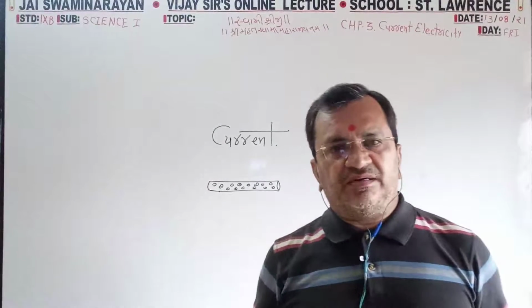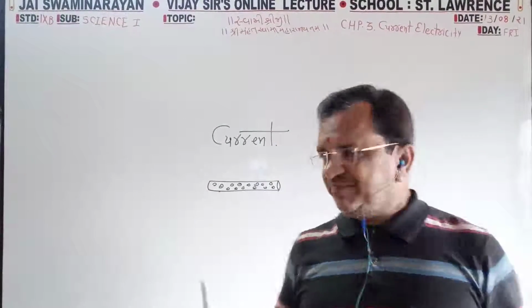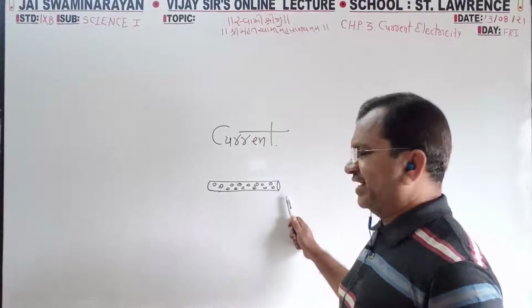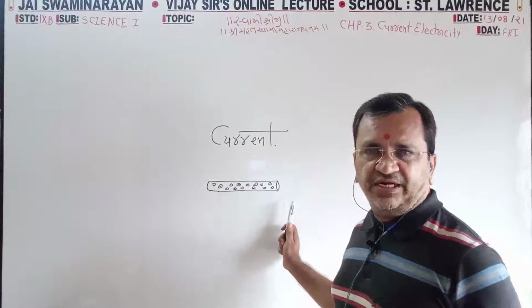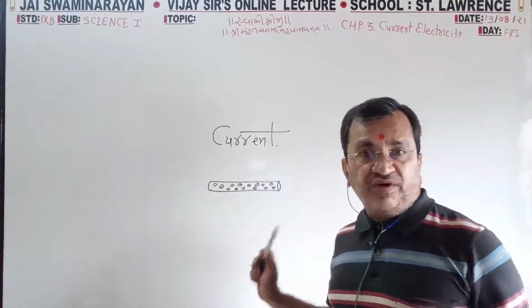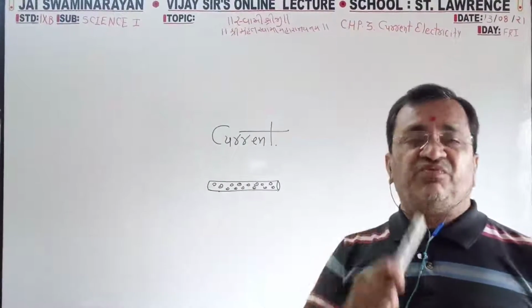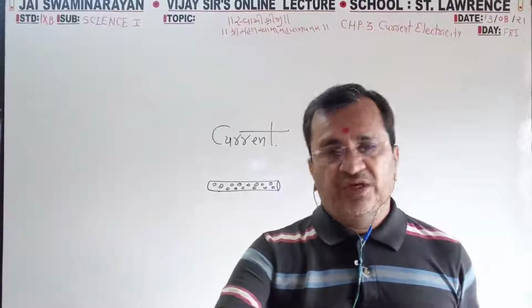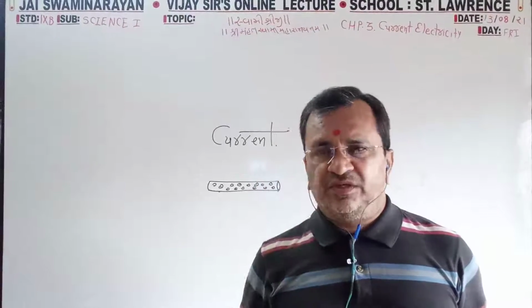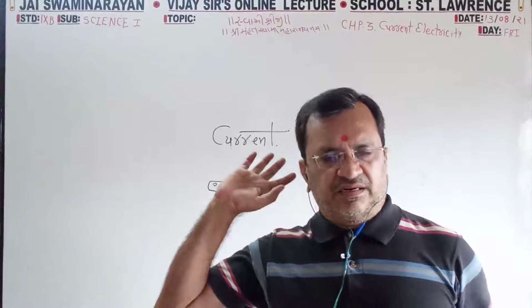This is a wire. We can't judge that this end is positive and this end is negative, or this end is negative and this end is positive. We can't judge. When it is connected to the circuit, then we can judge which part is positive and negative.